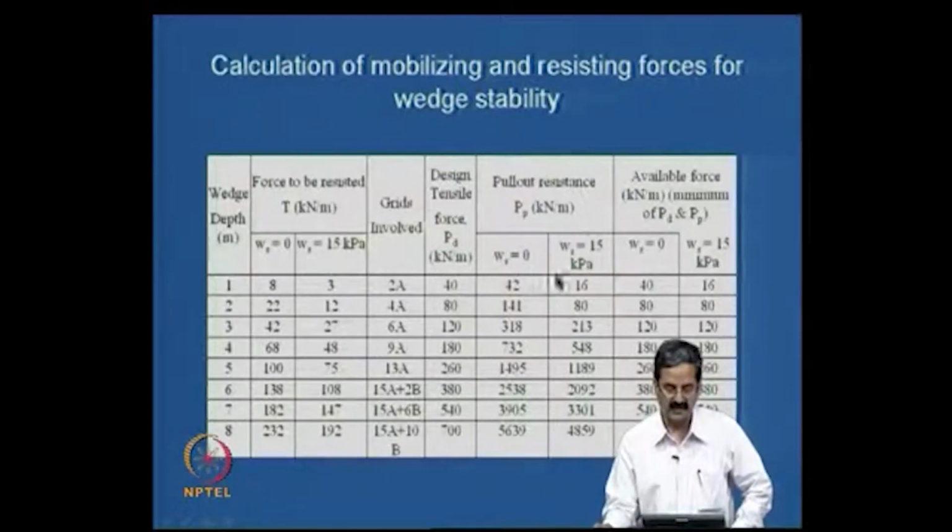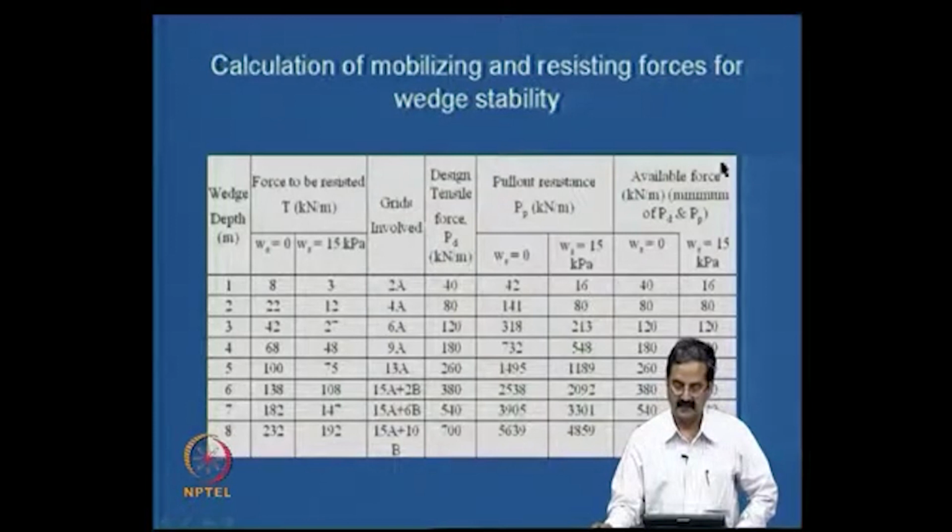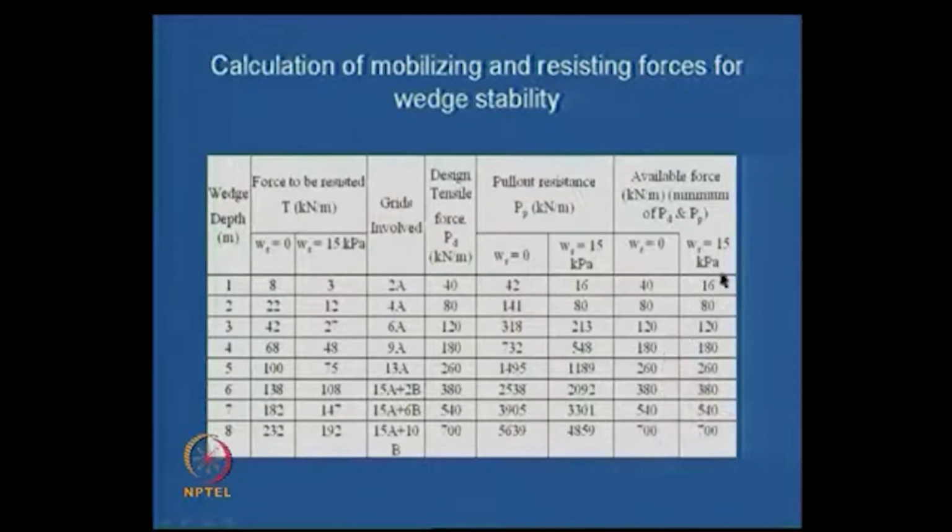And pull out resistance, we have an equation that I just mentioned. Pull out resistance you are getting, with and without surcharge you calculate. Without surcharge, pull out resistance is 42, with surcharge is this, and whatever is minimum, say for example, you have to take here, right, and then see that whatever is available, okay.